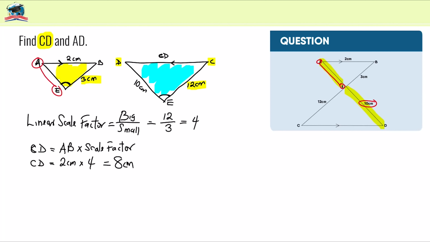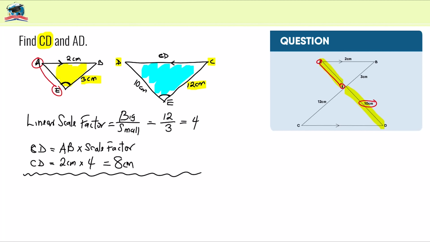All we also need here is our scale factor. We already have our scale factor as 4. This time we are moving from the bigger one to the smaller one, so we are going to divide. Let's put a demarcation line here. This one is sorted.